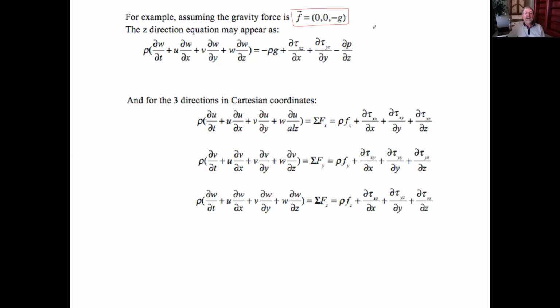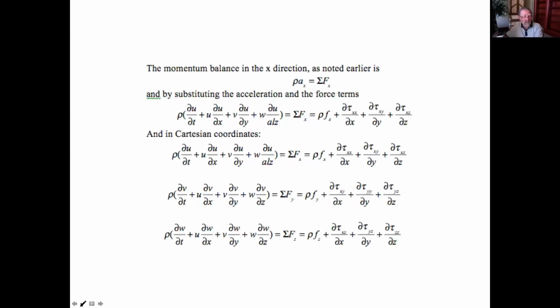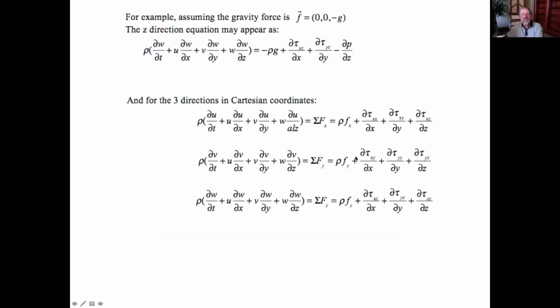If I want to write down the z equation for this case, I'll take this equation, and here this was 0, this is going to be 0 because the body force is only minus g. I have to put minus g here, and then the equation would look like that. This just shows you how the body force comes in, and it's usually going to be very simple, no major problems.